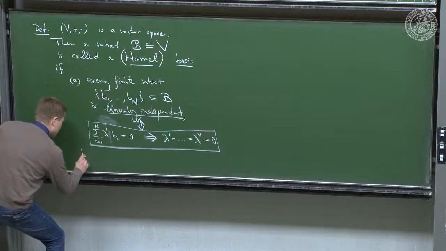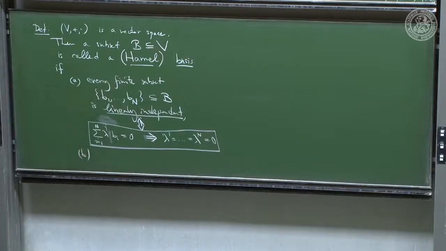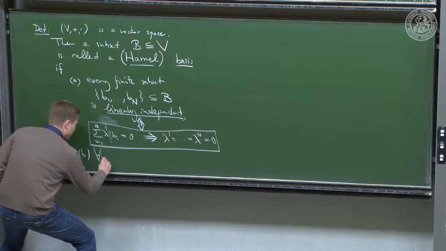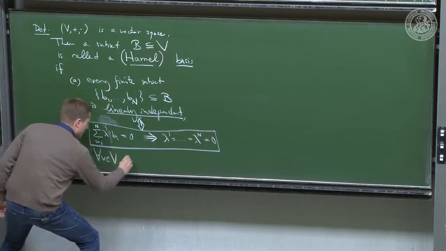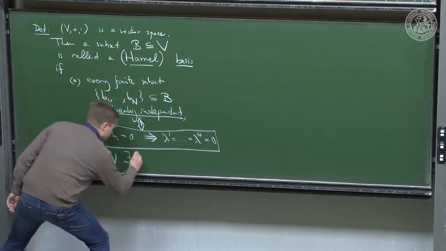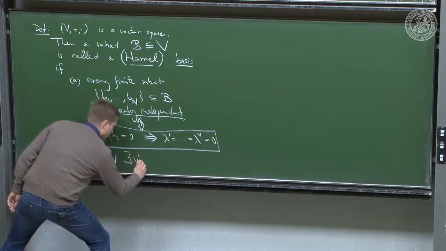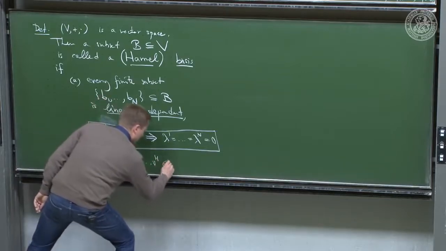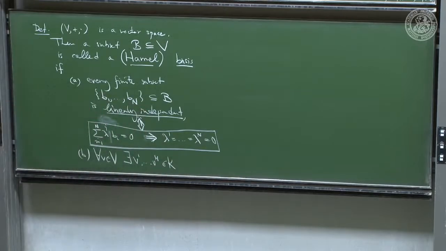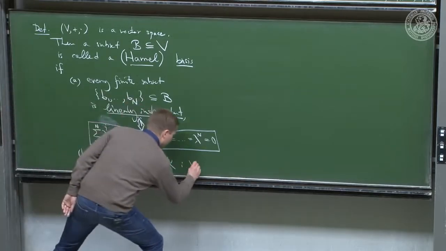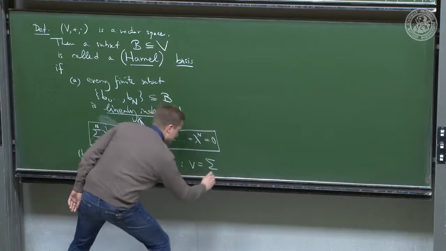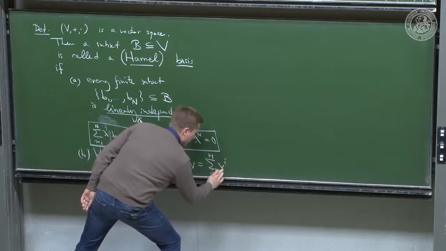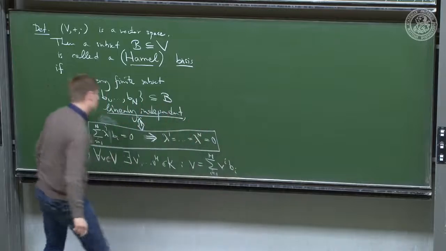And condition B, that's the generating system property, is that for every element v in the vector space, there exists a finite set, let's call them v1 to vM, and those are all elements in the number field, such that the vector v may be written as the finite sum, i equals 1 to M, v_i b_i.